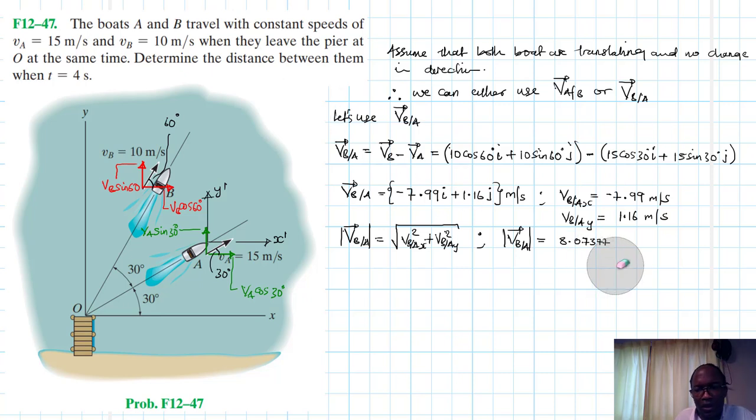I think I can just say 8.07 meters per second.